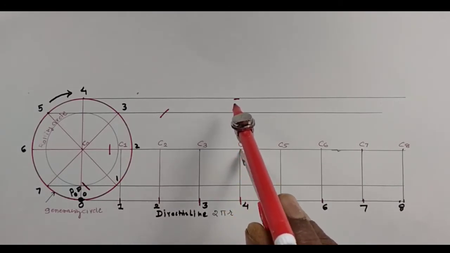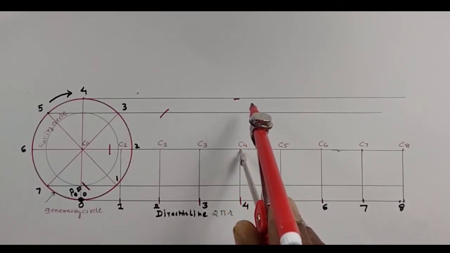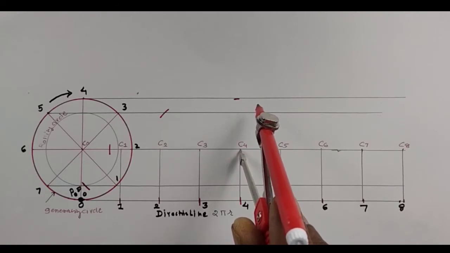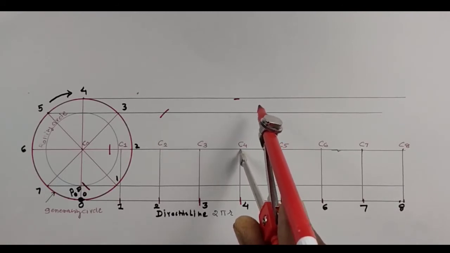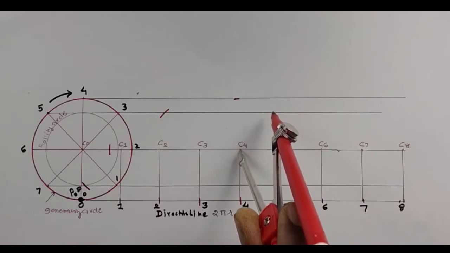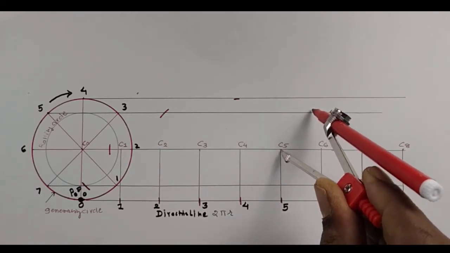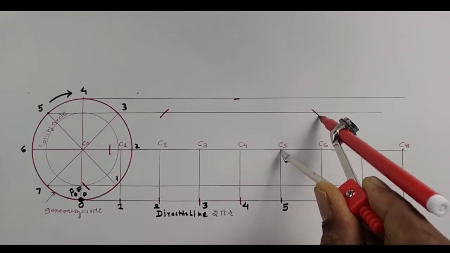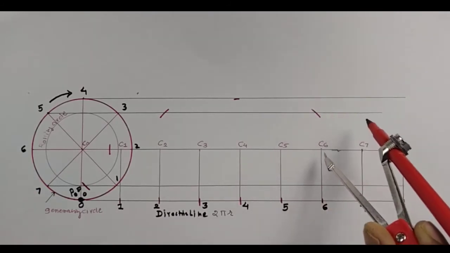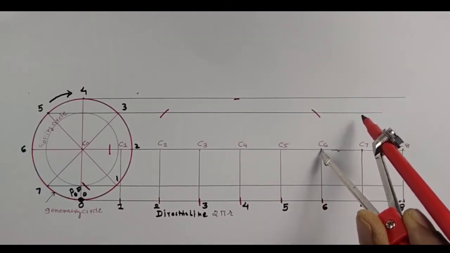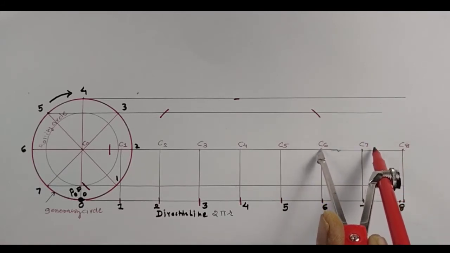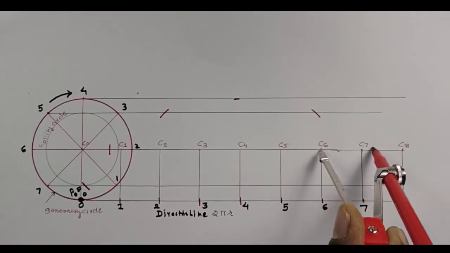After the half revolution, our point P is on the right hand side. So we draw the arc on the right side. From center C5, I draw the arc on the 5 number line. From center C6, we draw the arc on the 6 number line.